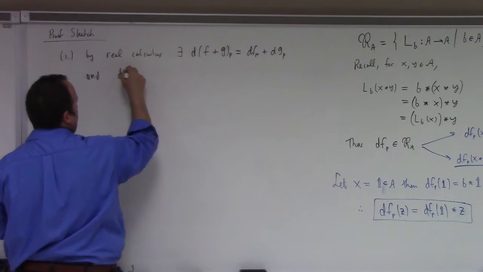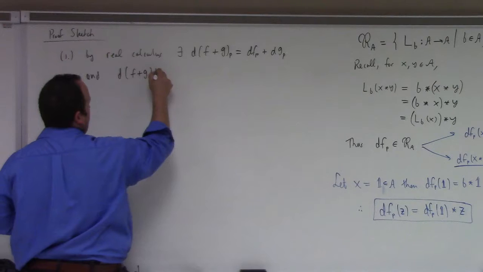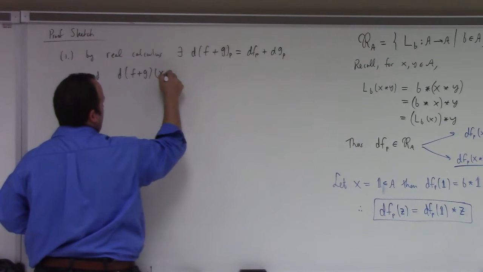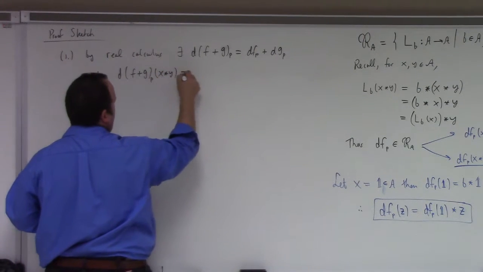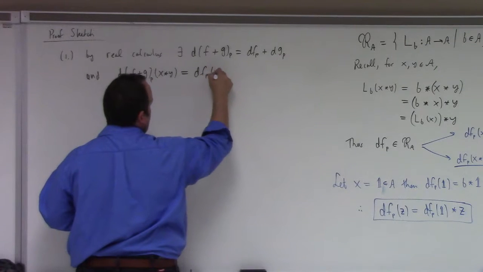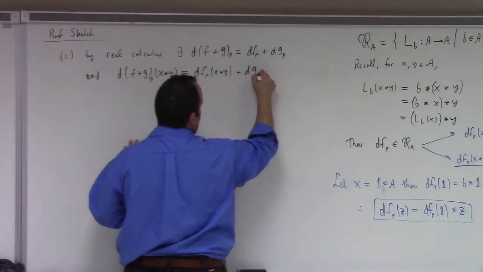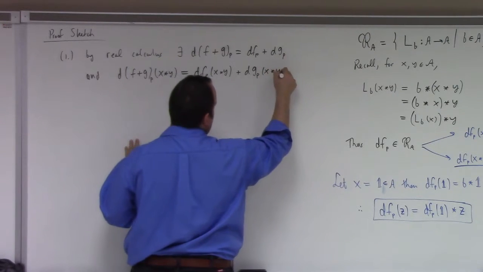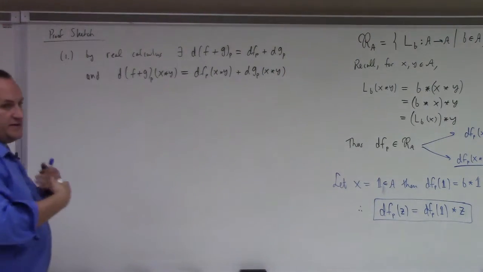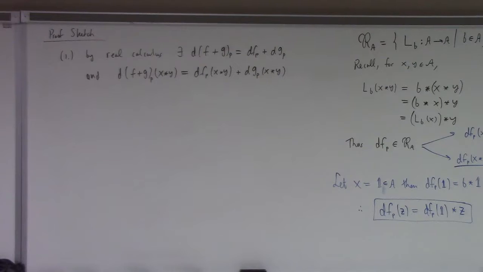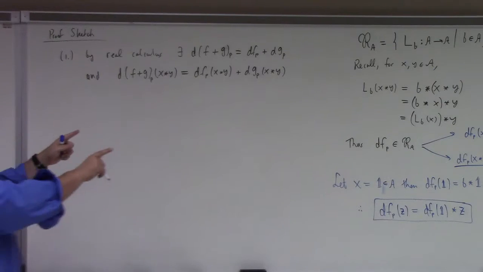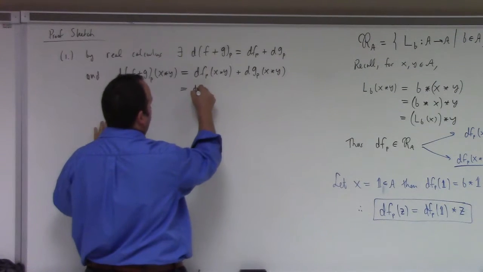The differential of f plus g acting on x times y, guess what? That's dfp on x times y, plus dgp acting on x times y. But what do we know about these? We know that the differential of f and the differential of g are both right A-linear. So I can pull the multiplication by y out of both of these guys, right?